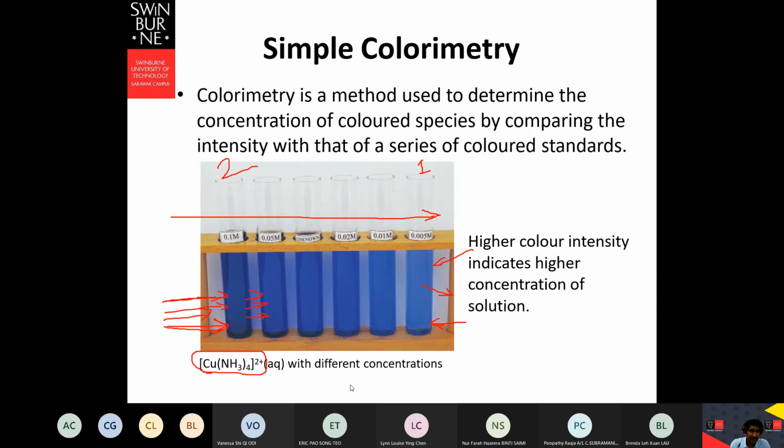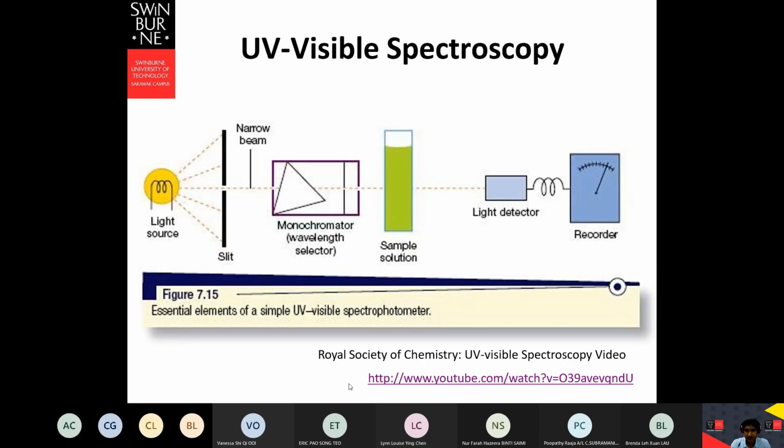Based on this technique, another type of absorption spectroscopy was developed. It's called UV spectroscopy, or UV-visible, in fact. This spectroscopy takes the range from UV until the visible range. It takes this bigger range, and we can select the wavelength we will use with the monochromator, the wavelength selector.